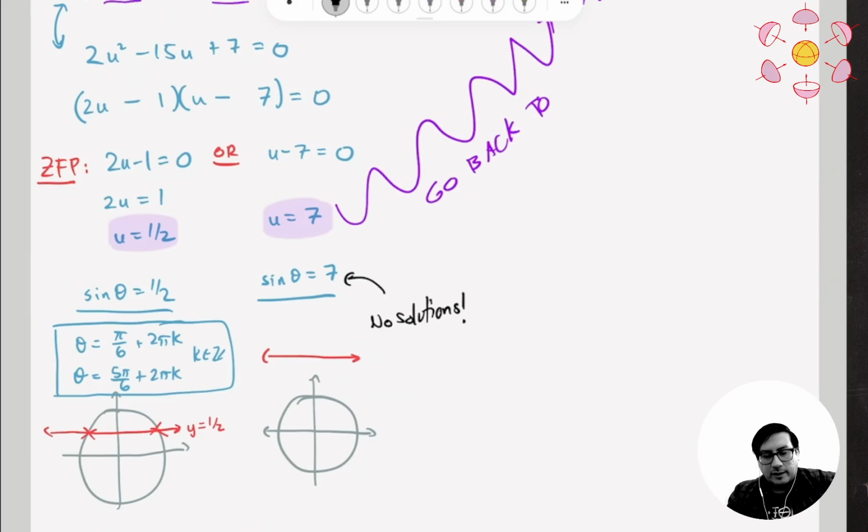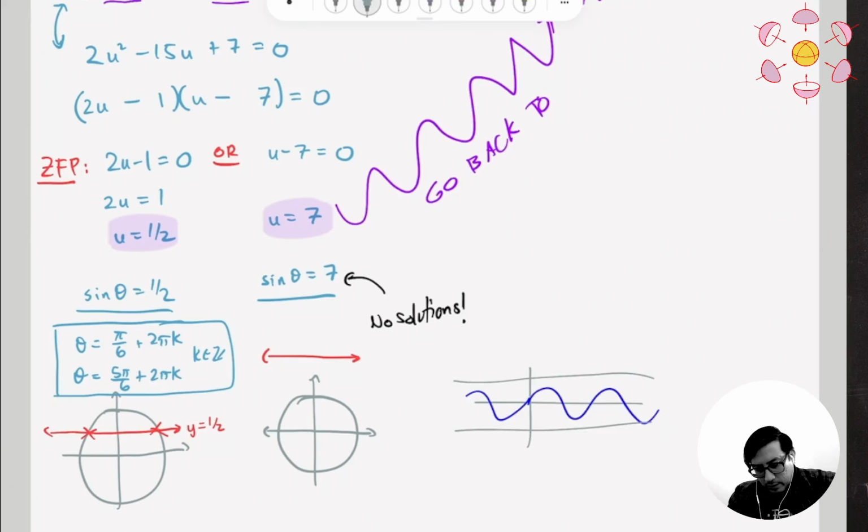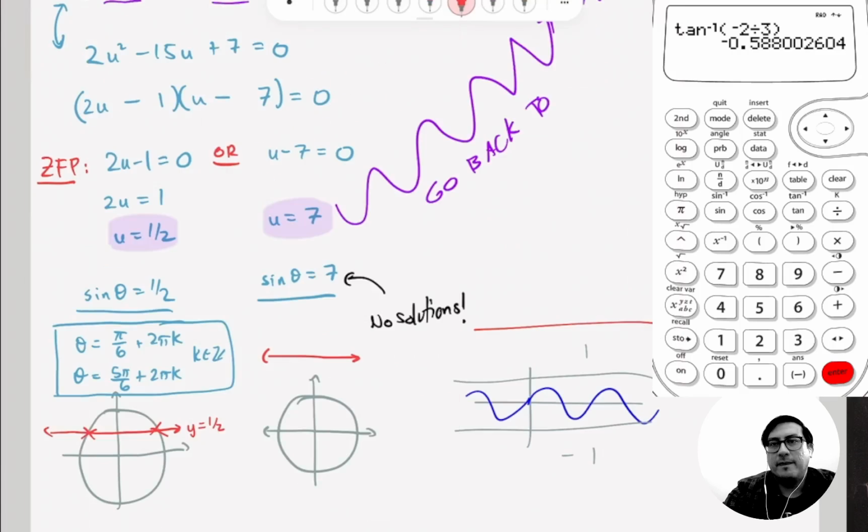If you look at the other approach as well, if I draw a quick little sine wave, these are always going between 1 and -1. 7 is way up here, also never going to intersect. Third way to convince you. See if the calculator can do it.